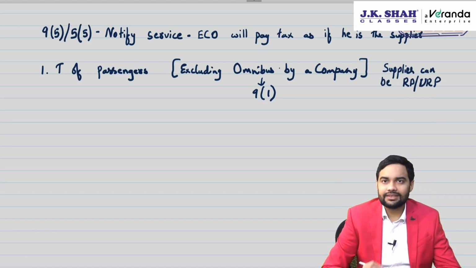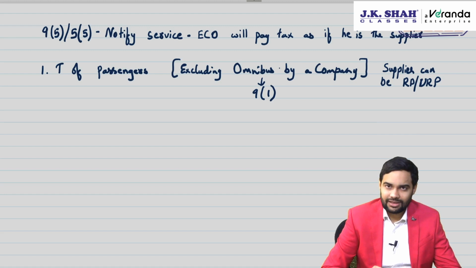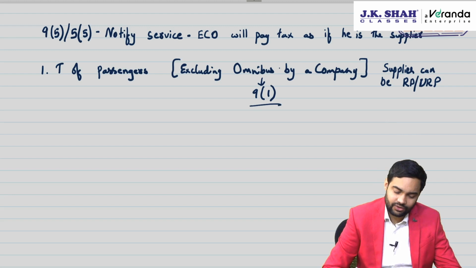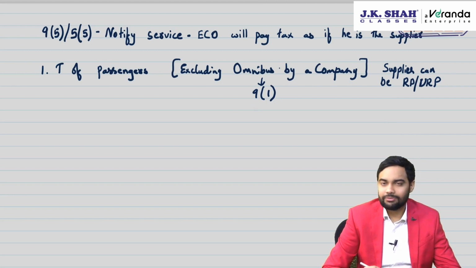Omnibus is designed to carry more than 6 passengers, and basically the upper limit is not there, so buses will also be covered under this. Now in the same point, maxi cab is given, more than 6 passengers up to 12 passengers. So I feel that if maxi cab is given in the question, then you only go by 9(5). If omnibus is given specifically, then you go by 9(1), that too omnibus by a company.